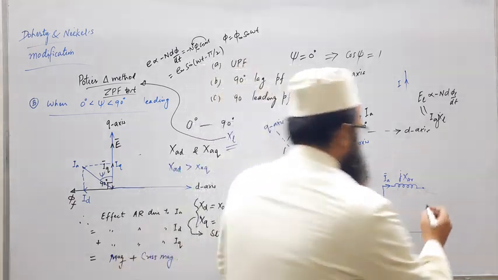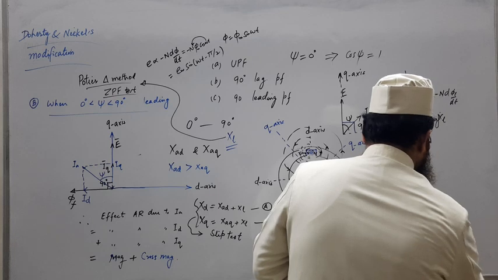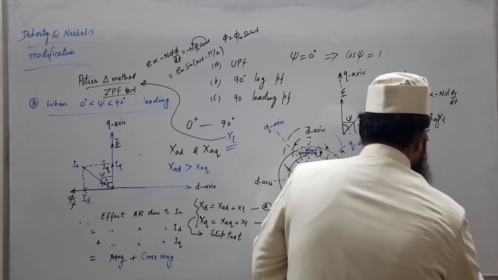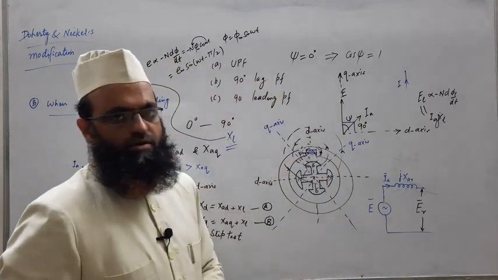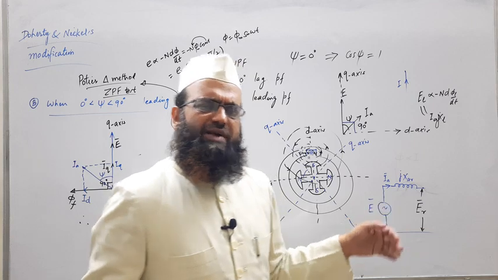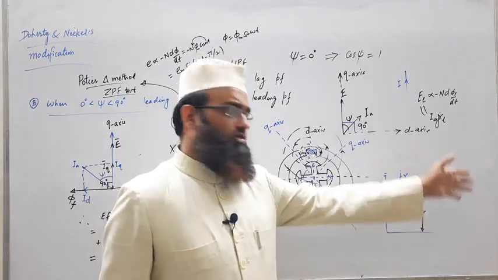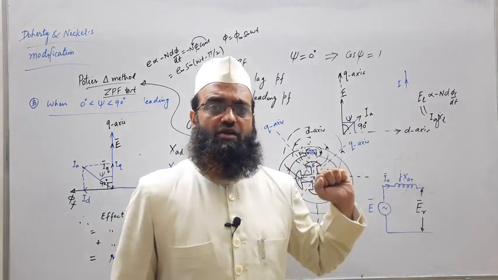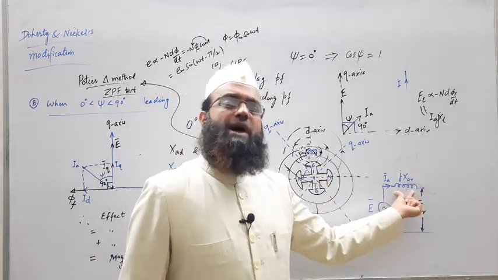So just write ER, resultant. If current is flowing, armature reaction is there, whether demagnetizing or magnetizing depending upon whether IA is lagging or leading, depending upon the nature of load connected to the alternator, we will have some drop corresponding to armature reaction.